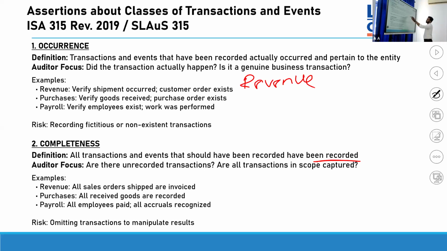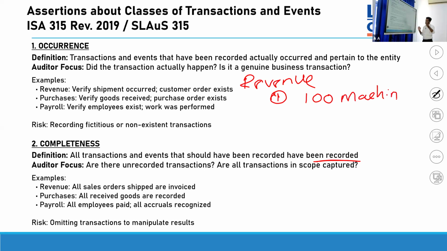During the year, let's assume you have sold 100 machines.